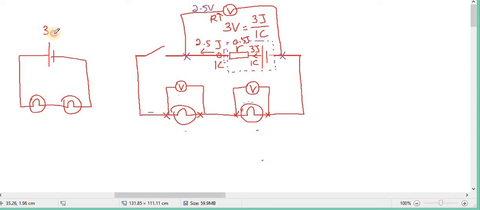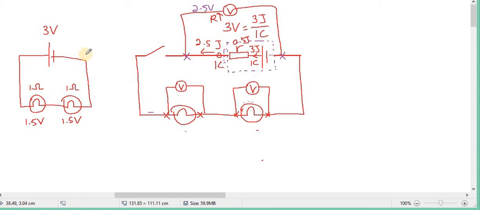For example, if this is 3 volt, if this is 1 ohm and this is 1 ohm, then how much is the voltage here? How much is the voltage here? How much potential difference? 1.5 volt, 1.5 volt, because both of them have the same resistance. So it will be divided equally.